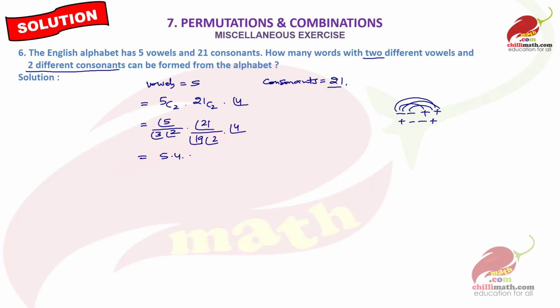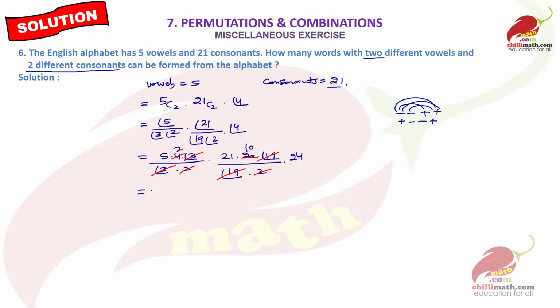Okay, let us try to calculate this. This is 3, 2 factorial is 2, 21 into 20 into 19 factorial. This is 2, this is 4 into 3 into 2, that is 24. Now this can be cancelled. At 2, this also can be cancelled.